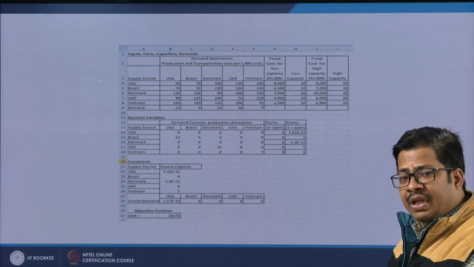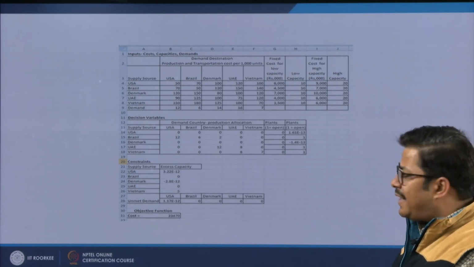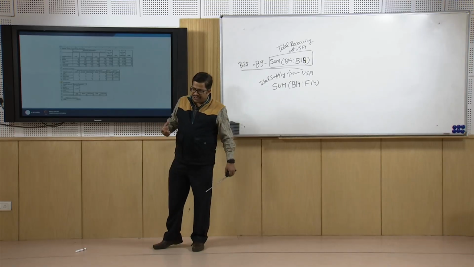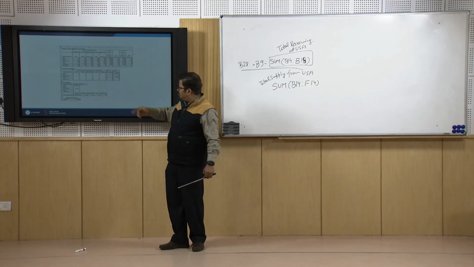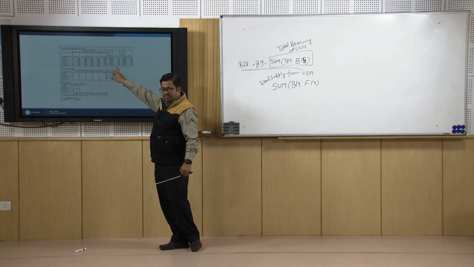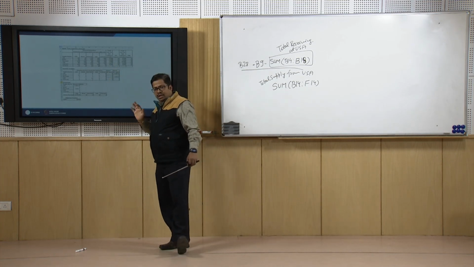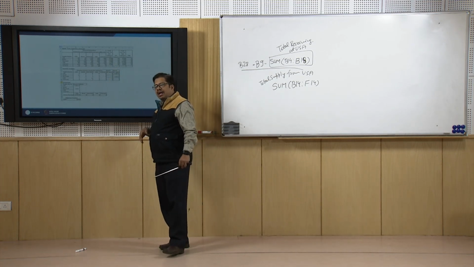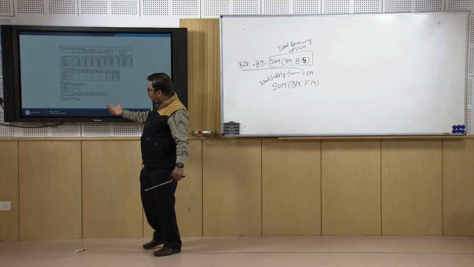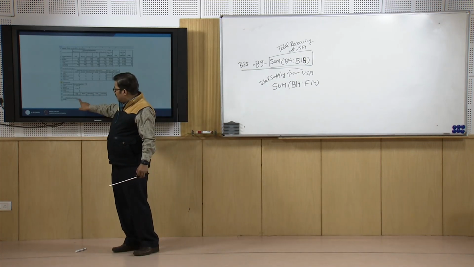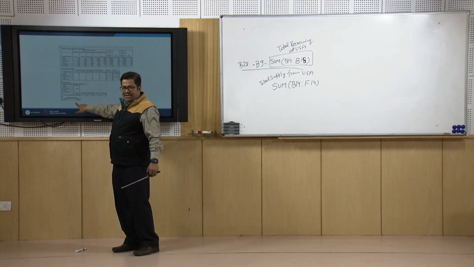Now you see, it is possible that I do not fulfill 100% demand of some of the locations, so maybe at Vietnam I can work with a smaller facility, and in that case I may remain with some unmet demand in some of the locations, and that may reduce my cost of supply chain.